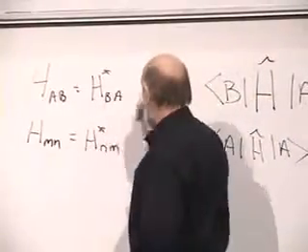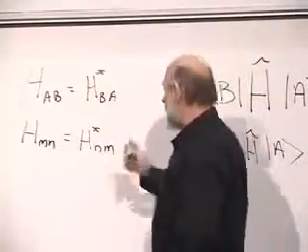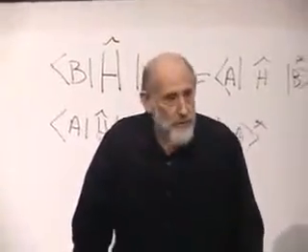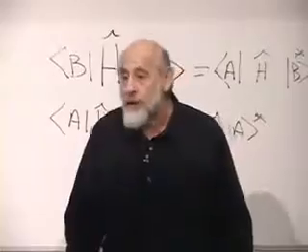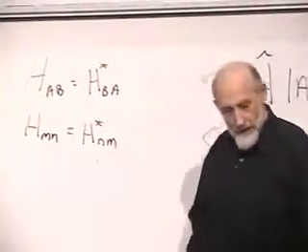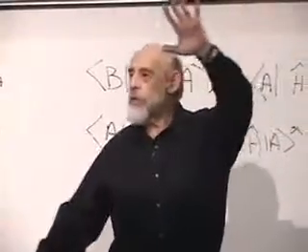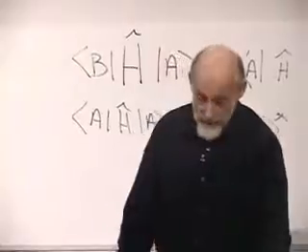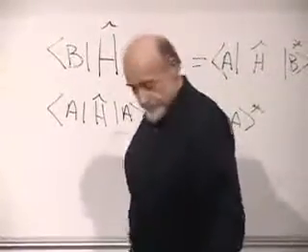H_AB is equal to H_BA, or H_MN is equal to H_NM. So a special case of Hermitian operators would be symmetric real things, things which are symmetric and real. Okay? A rotation of coordinates is an antisymmetric matrix. So in that sense, it is not Hermitian.